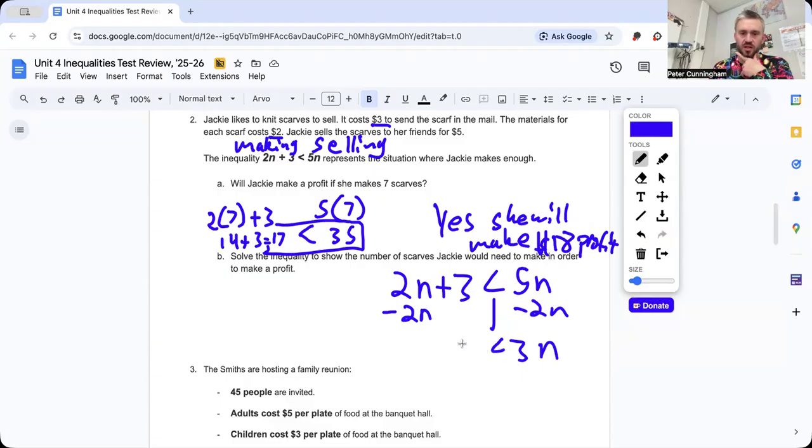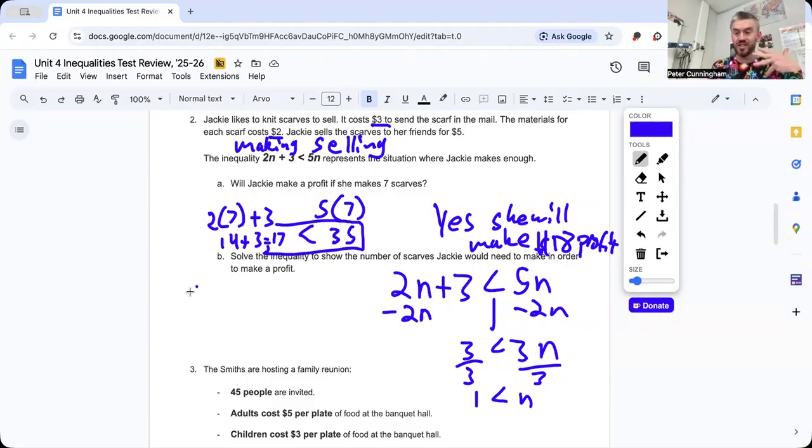So we have 3n is less than 3, or 3 is less than 3n. So the profit begins as soon as we sell the second scarf. So the first scarf is going to cost the exact amount, and the profit happens when n is greater than 1. So basically, sell a second scarf.